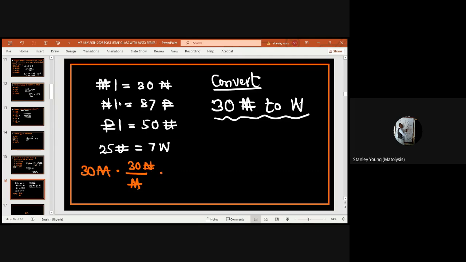It's now time to eliminate the Naira. Above me, make use of this information. Naira information there is 1 Naira. So we have 1 Naira. Above it, we have what? 87p. Okay. Then dot.